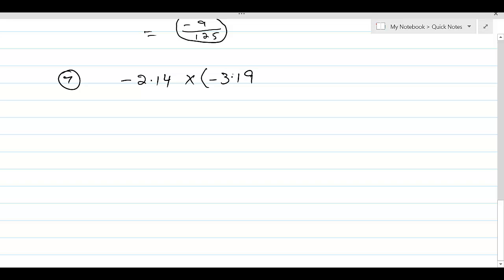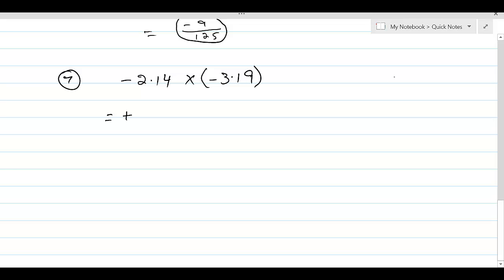So now you can see that both participating numbers are decimals and both have negative signs. What should be the sign of their answer? Their answer will always carry the positive sign if the two multiplying numbers have negative signs.